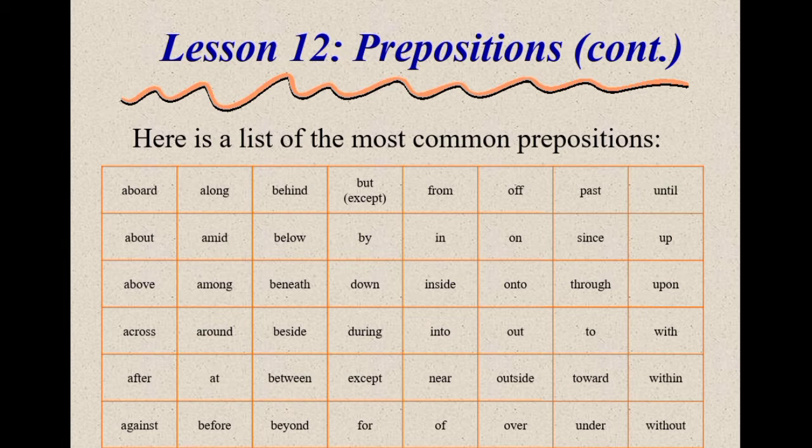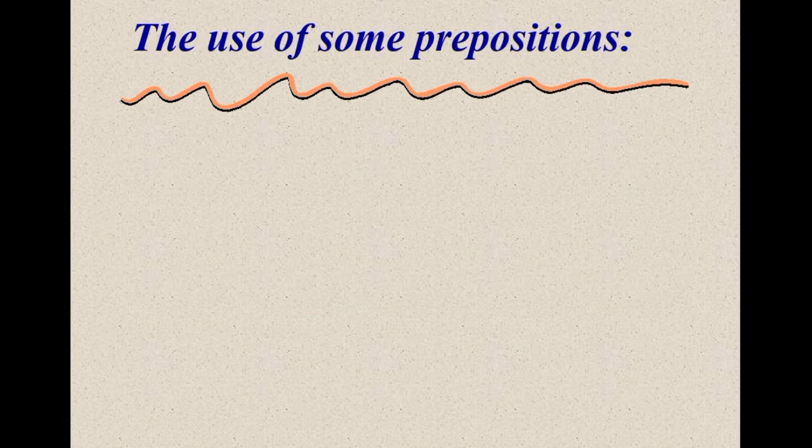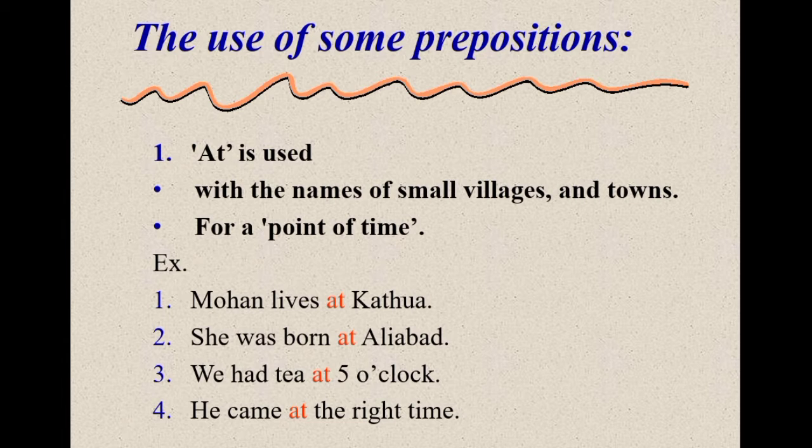So now we are going to discuss some of the prepositions which are mainly used, which are also in our syllabus. So the use of some prepositions. First of all, at. At is used with the names of small villages and towns.